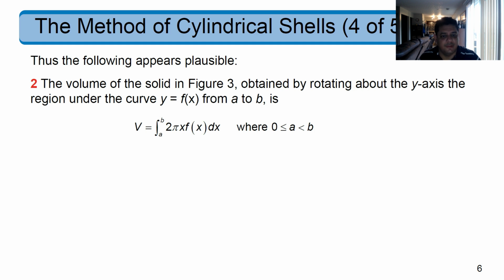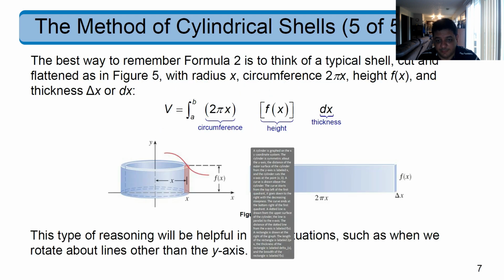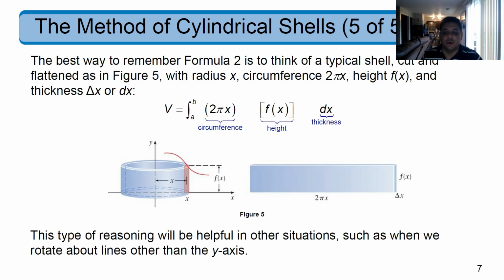So the volume of the solid before is given by this integral in the interval a to b. Just recall that when we're taking these cylindrical shells, each of these pieces means something. The circumference is given by 2 pi x, and x is the distance from the rotation axis to the edge of the cylinder shell.